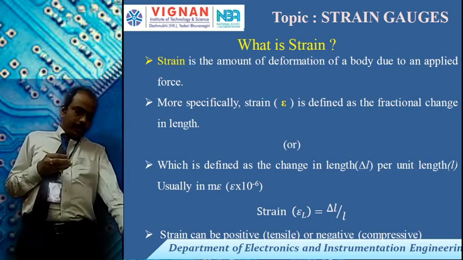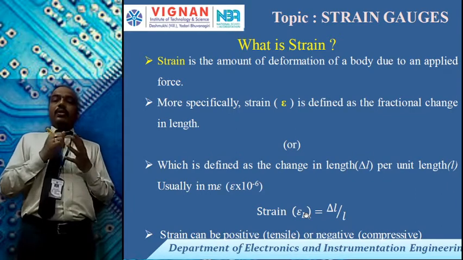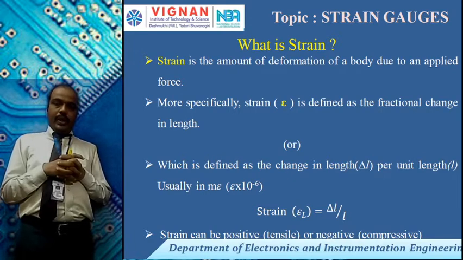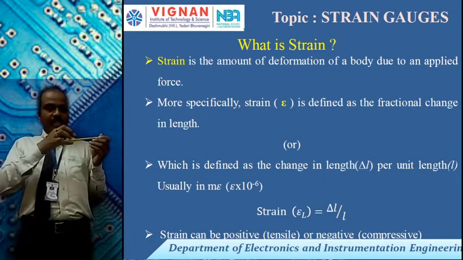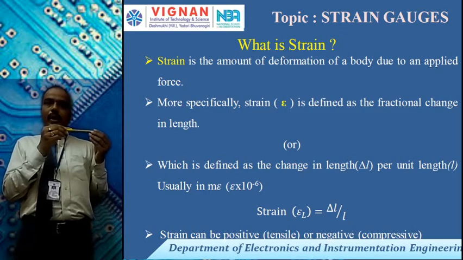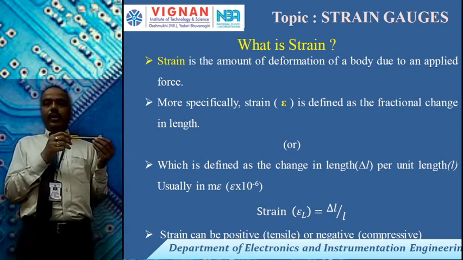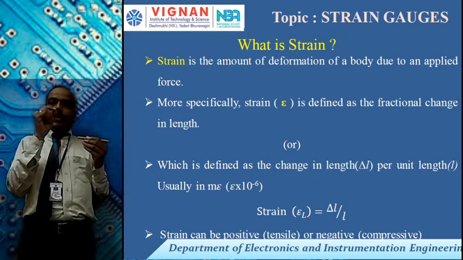So the strain is nothing but delta L by L. This strain can be positive or negative. When you apply some tensile force, the length of this body can increase from 10 centimeters to 10.2 centimeters. Then the change in length is plus 0.2 divided by 10.